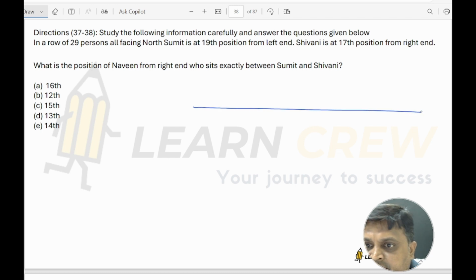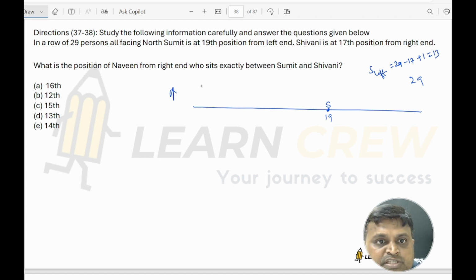So in a row of 29 persons, all are facing north. Sumit is 19th from left. Shivani is 17th from right, so from left Shivani would be 29 minus 17, which is 12, plus 1, 13.